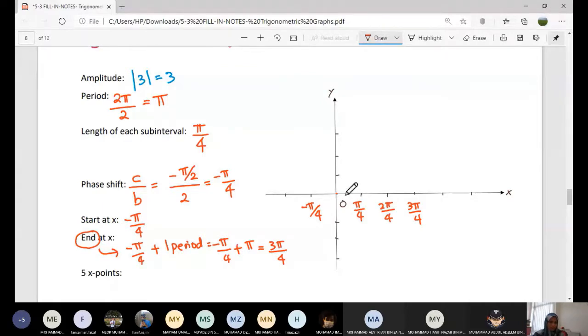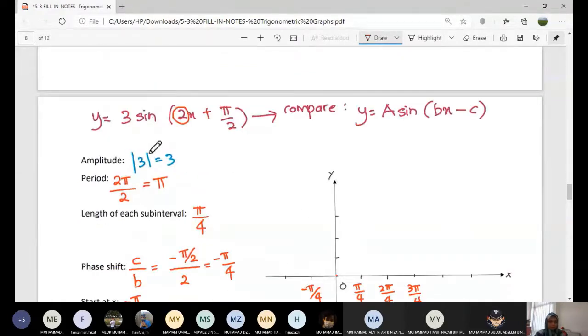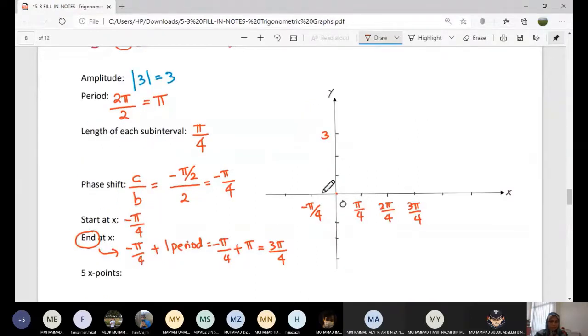And here we look at whether it is a positive or negative value of y. Since it is positive, we need to start from positive 3, and the graph is sine. For the sine graph, we need to start from the x-axis. The starting point is no longer 0. It will start at negative pi over 4.